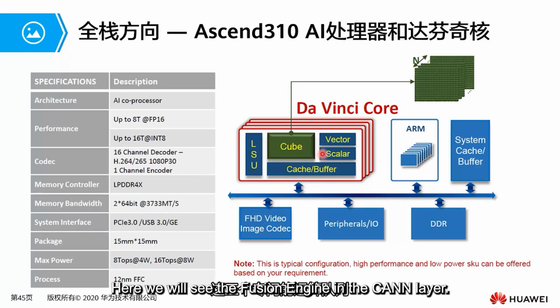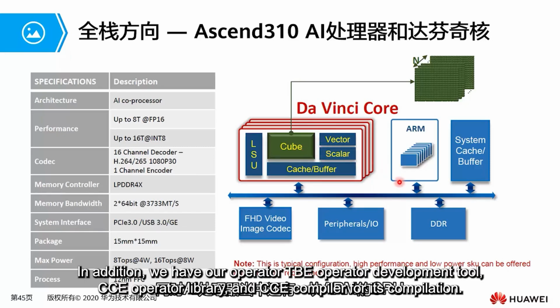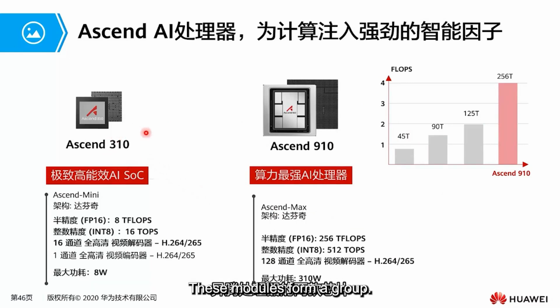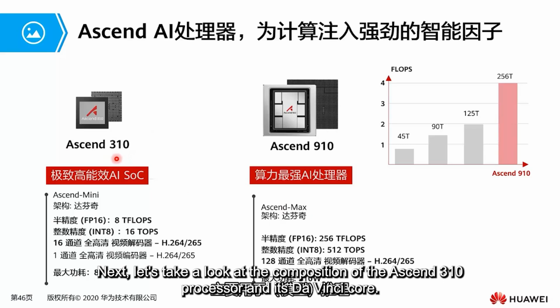Meanwhile, our AI processor also contains an ARM CPU. Through this comparison chart, we can clearly see the 2 chips of our Ascend processor. One is Ascend 310, mainly used for our inference. The Ascend 910 is mainly used for our training scenarios.